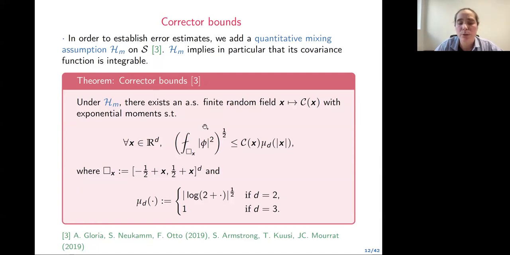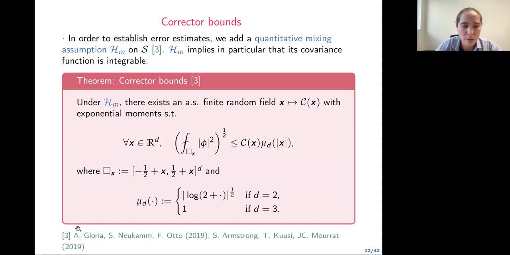With this, we can prove that the phi_j are bounded in dimension 3, and in dimension 2, they grow like the square root of a log. Those are quite recent results from the stochastic homogenization community. This one is from 2019, and there is lots of work in this area about quantification of the different errors in stochastic homogenization.